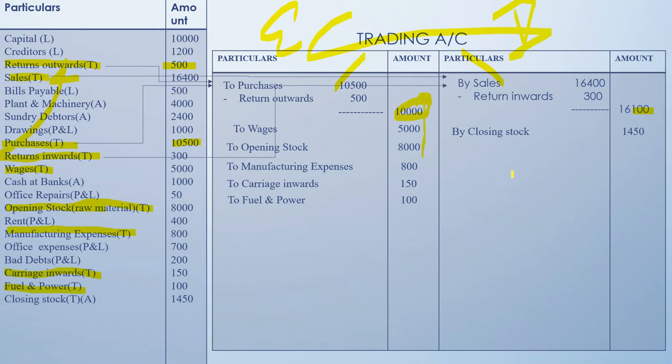Expenses more, income less, indicates a loss. That loss we call a gross loss. If the income is more and expenses are less, it is considered a profit. In the trading account we record it as gross profit.